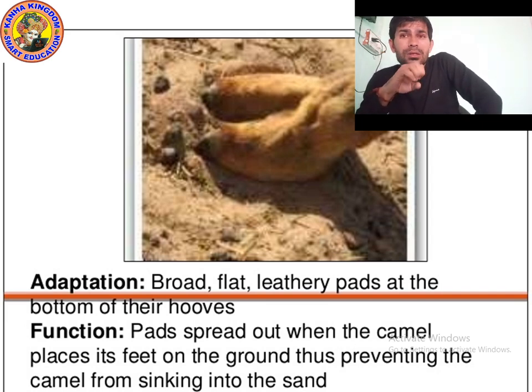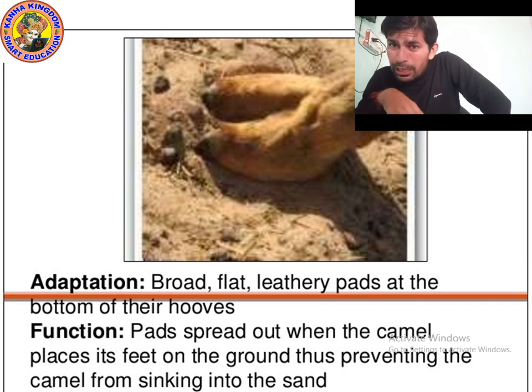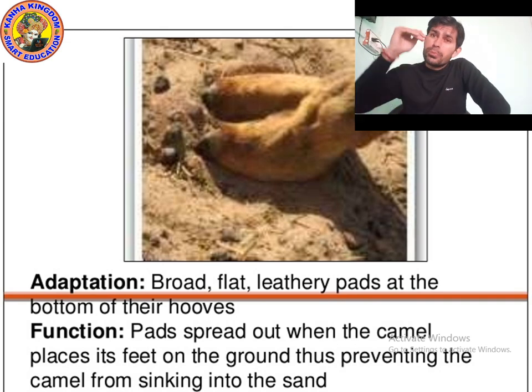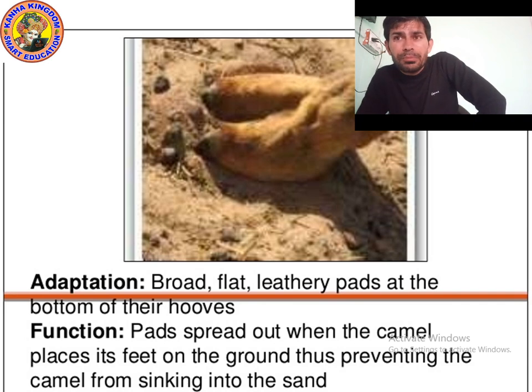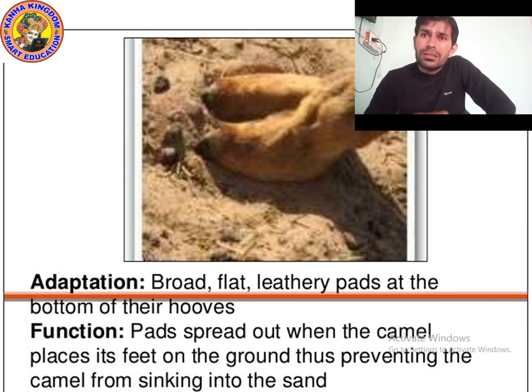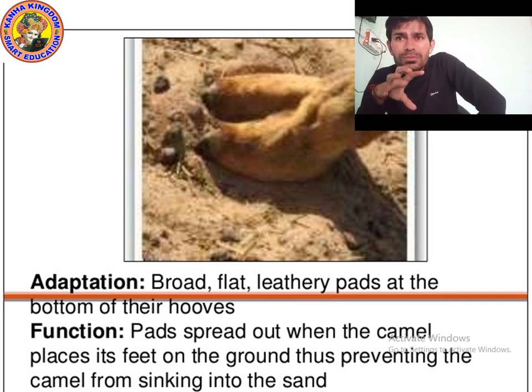Because of the broad flat leathery pad, when the camel places its feet on the ground, the pad spreads out, thus preventing the camel from sinking into the ground.